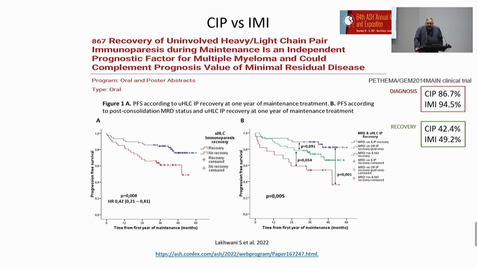We compare the classical immunoparesis with the IMI, and we can see that the percentage of patients with IMI is higher because of the higher sensitivity, and the recovery is also higher than when measured with classical immunoparesis.